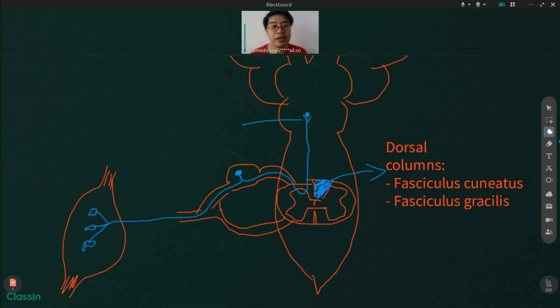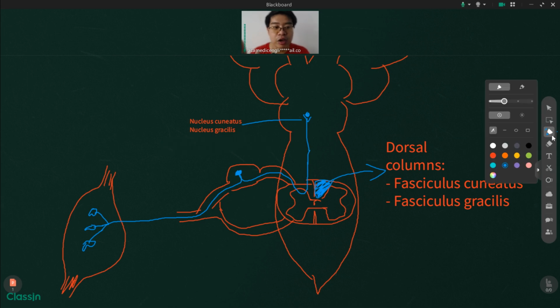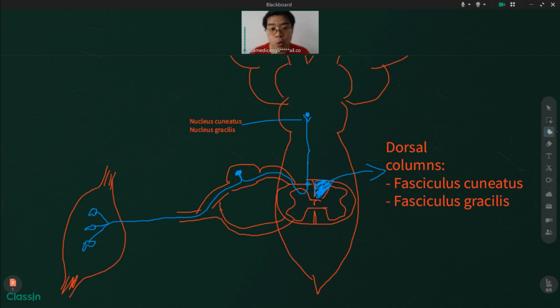And where is right here? This is the nucleus cuneatus, as well as nucleus gracilis. If this fiber is running within the fasciculus gracilis, then it will synapse at the nucleus gracilis, while if this one is running within the fasciculus cuneatus, it will synapse at the nucleus cuneatus.